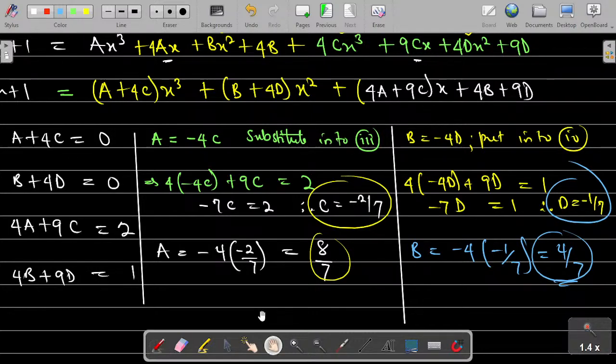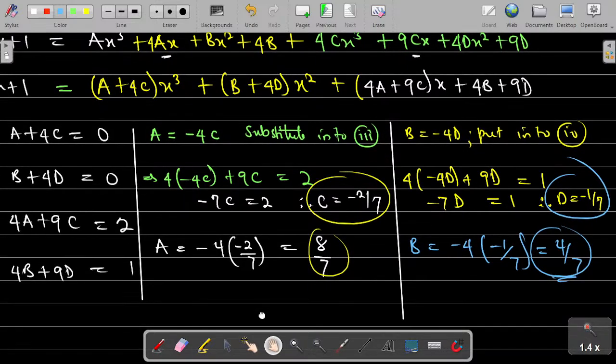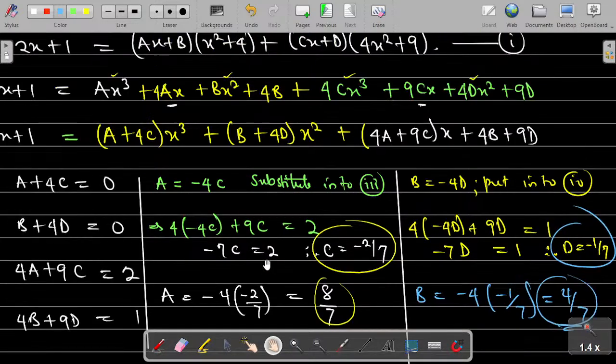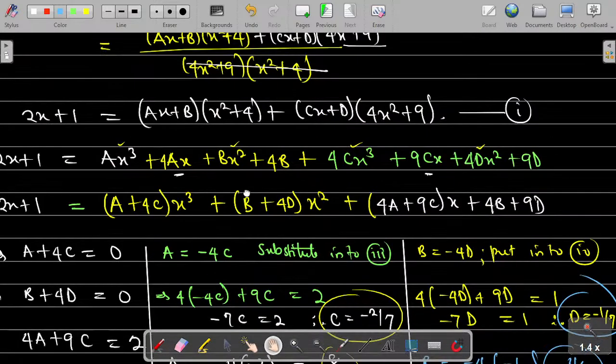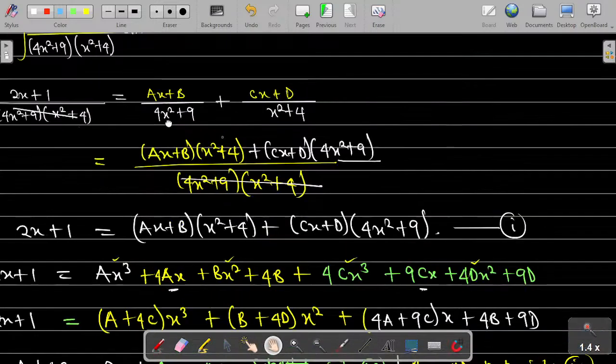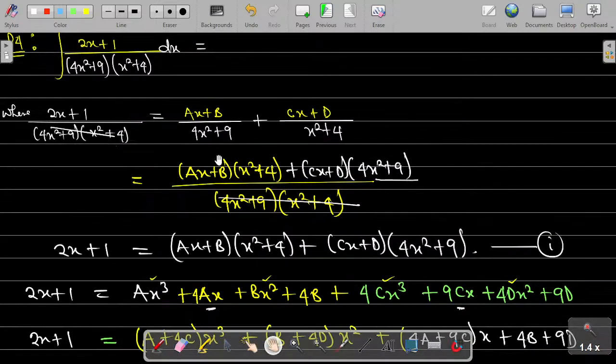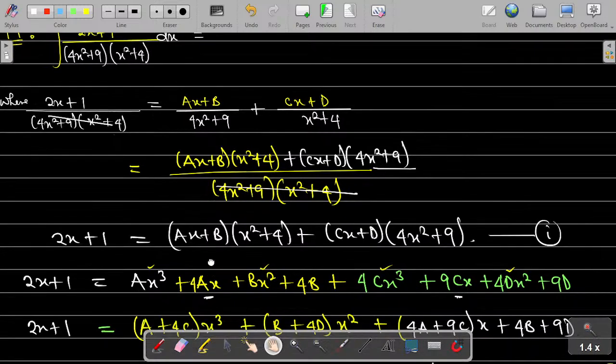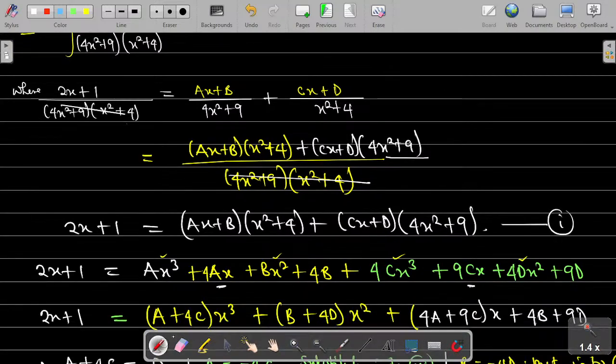Okay, so now we will substitute all of that into the original equation we formed here. That's these partial fractions, okay, or fractions, sorry. All right, so yeah, of course it's fractions. Okay, so let me write that down here. So that means we are going to have A is 8 over 7.